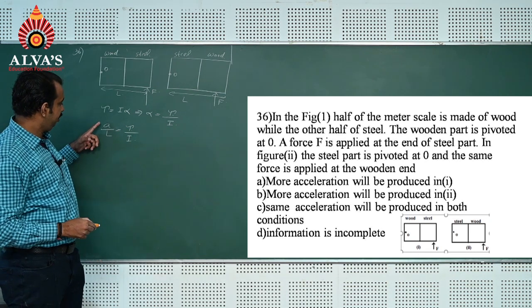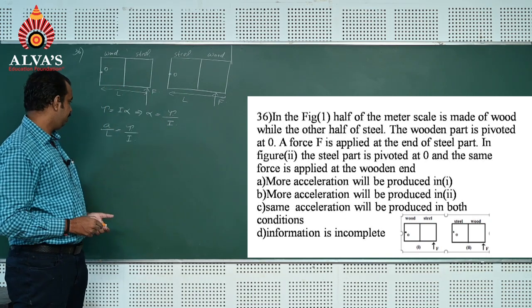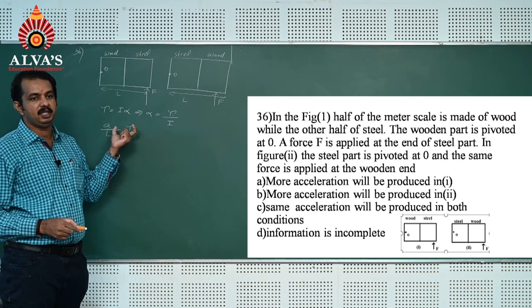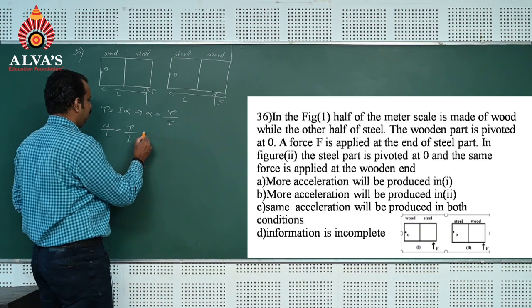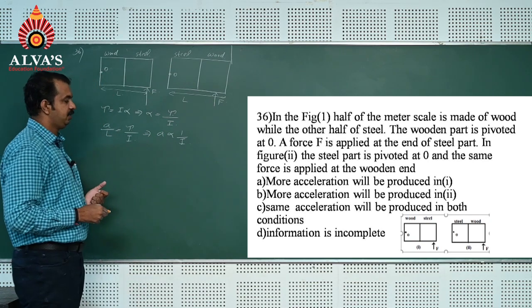And as given in the problem, L is constant. L is the same in both the diagrams, and the same force is applied, which means torque is also the same. So that implies a is inversely proportional to moment of inertia.